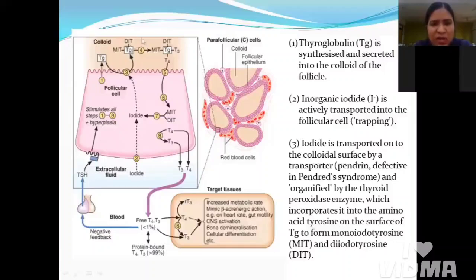So here on the fourth step, you can see here this Tg on the surface of this is amino acid tyrosine. Okay, so amino acid tyrosine will incorporate the iodide to form monoiodotyrosine and diiodotyrosine. Okay.